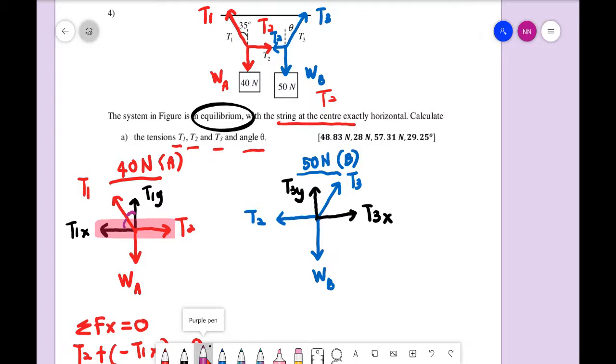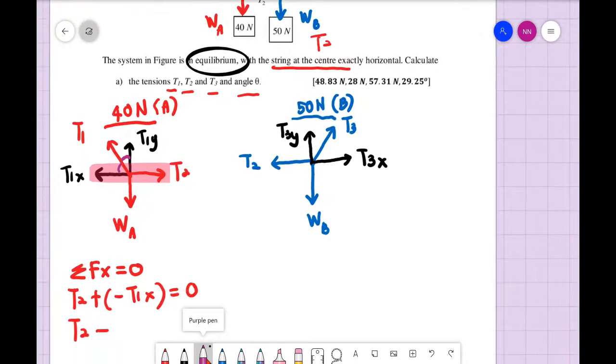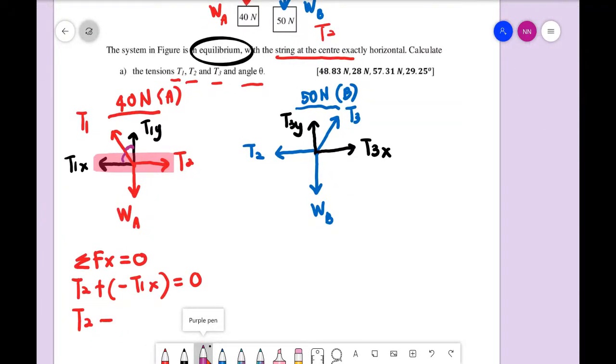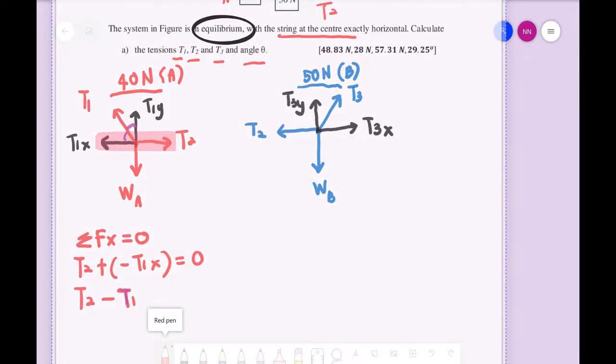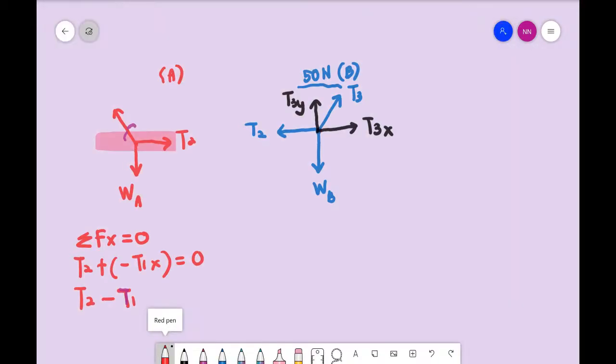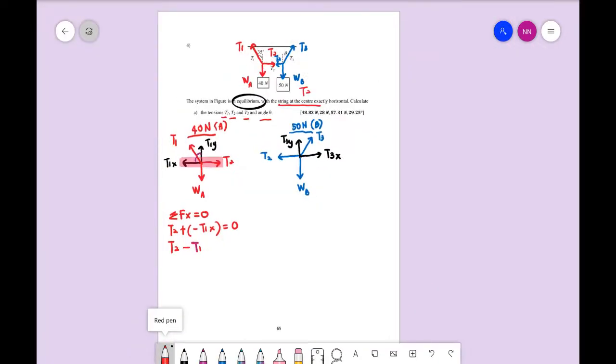So it is 55 degree. If you use 55 degree, T1x will be T1 cos 55 degree, equals to 0.